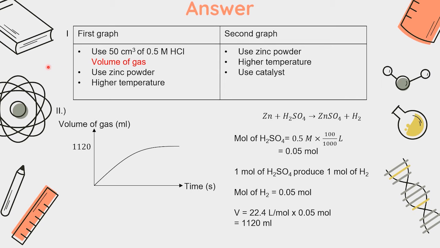So if we reduce the volume of the HCl we use, that would mean fewer moles will be present in the reactant, and with fewer moles of the reactant, the hydrogen produced will also be less. Then we can also use zinc powder instead of the granulated zinc, and also use high temperature to increase the rate, as the initial rate of curve y is slightly higher than curve x.